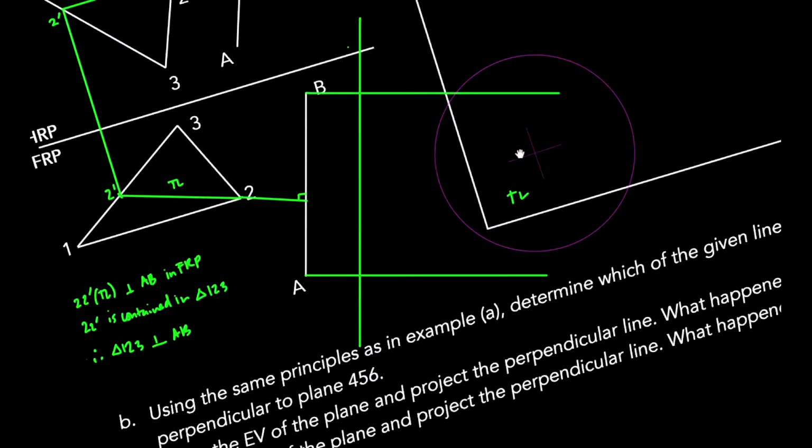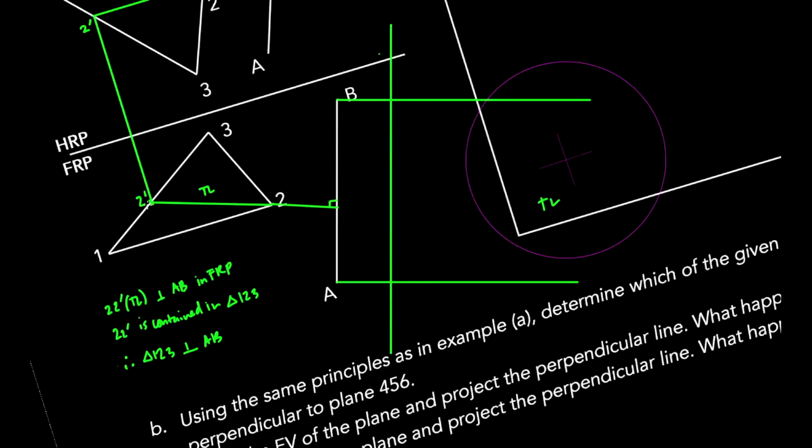Right? Now, notice that 2, 2 prime, because it is perpendicular to AB, and this reference line is parallel to your AB, therefore 2, 2 prime is also perpendicular. So if I project it over here, this is perpendicular, and this is perpendicular.